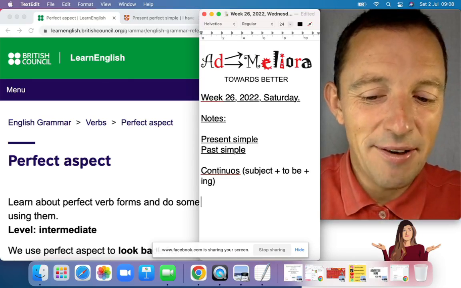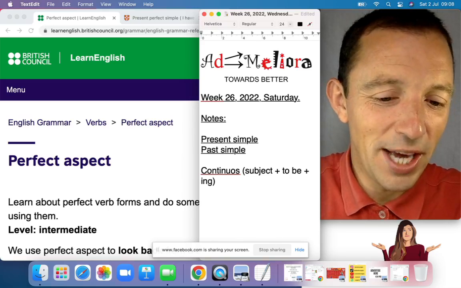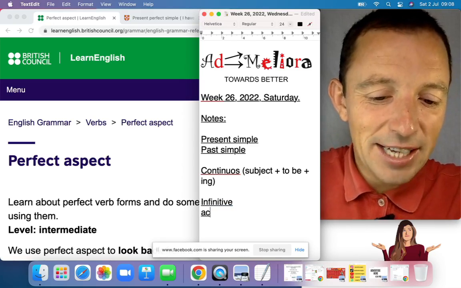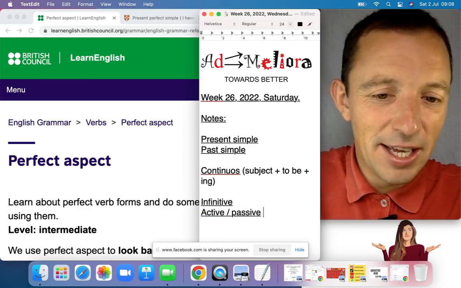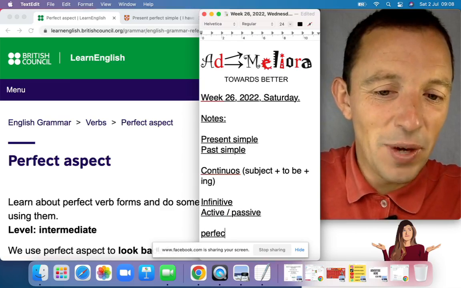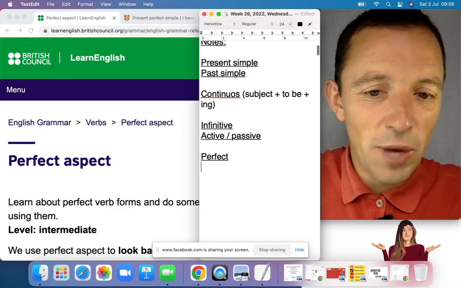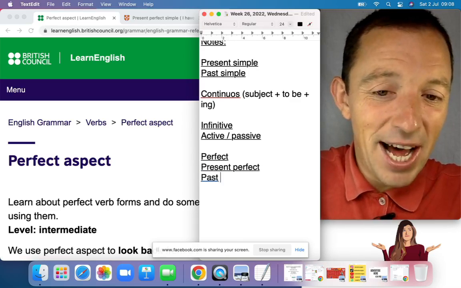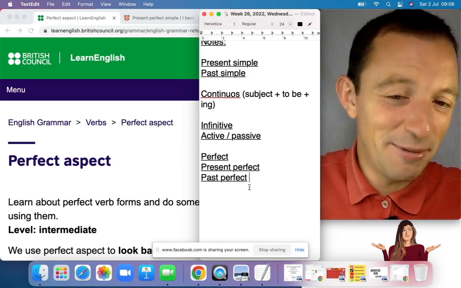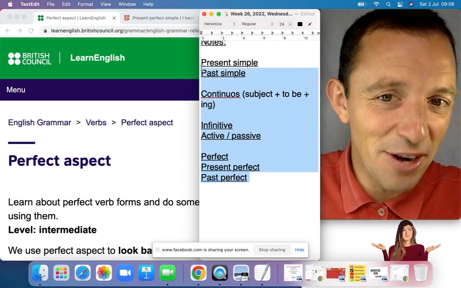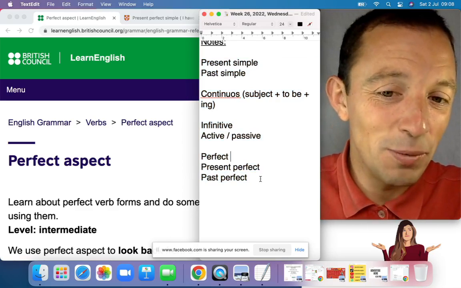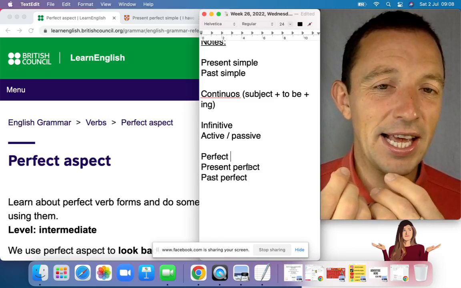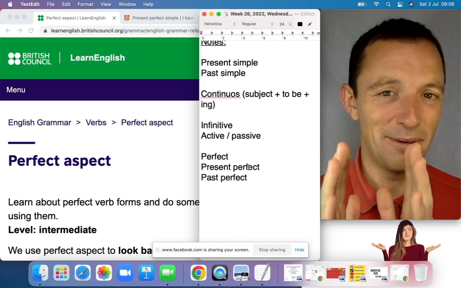Next, we have more. We have the infinitive, we have the active and passive, and we have the perfect. So in the perfect, we have the present perfect and we have the past perfect. It's not clear really at the moment, but what I'm trying to say is the perfect is possible in the present perfect.